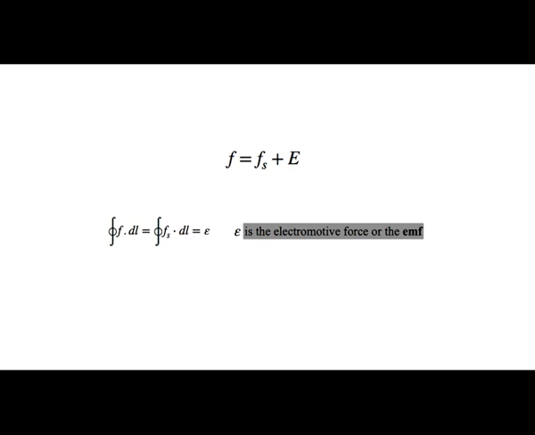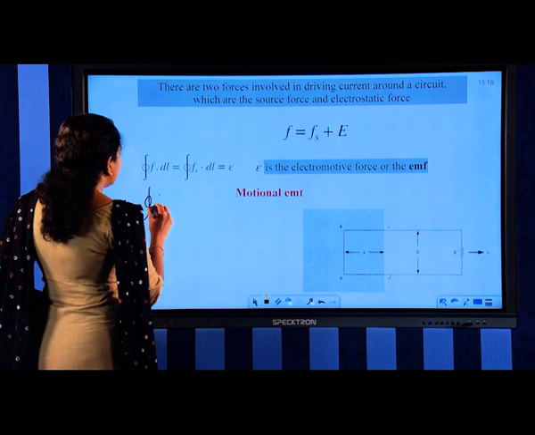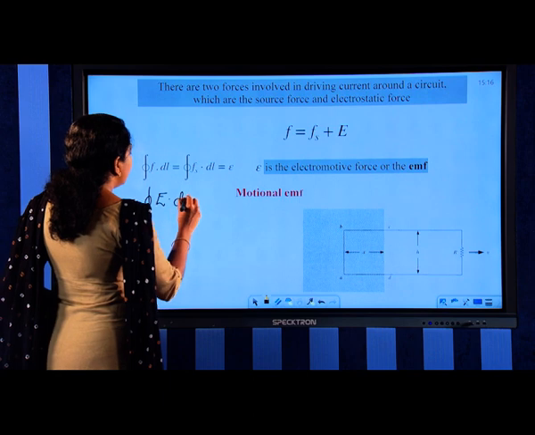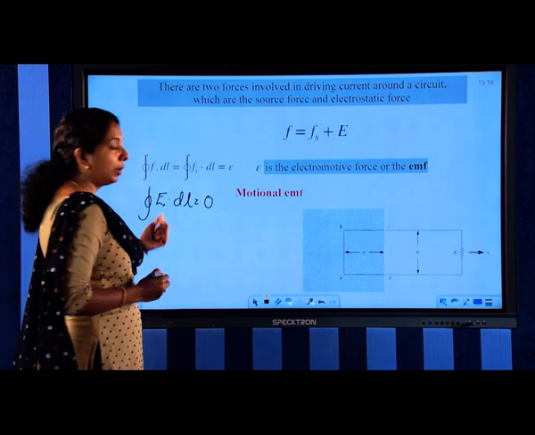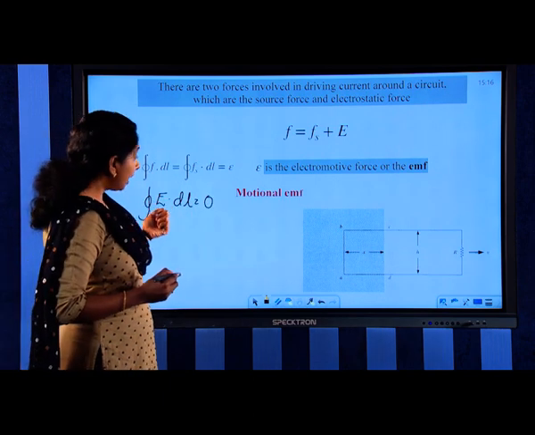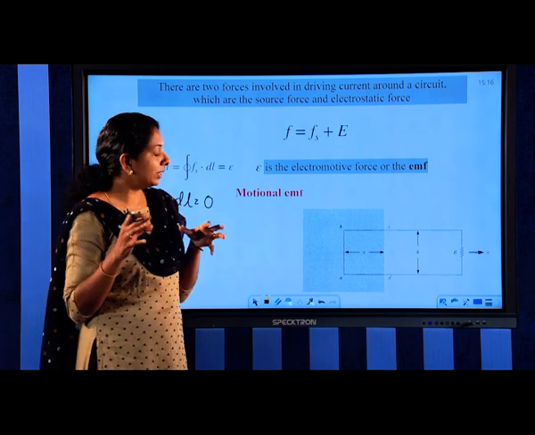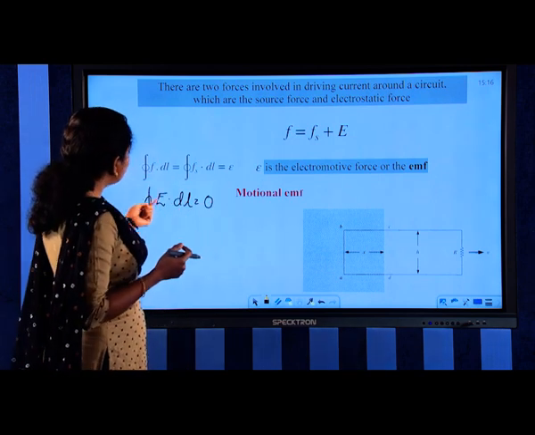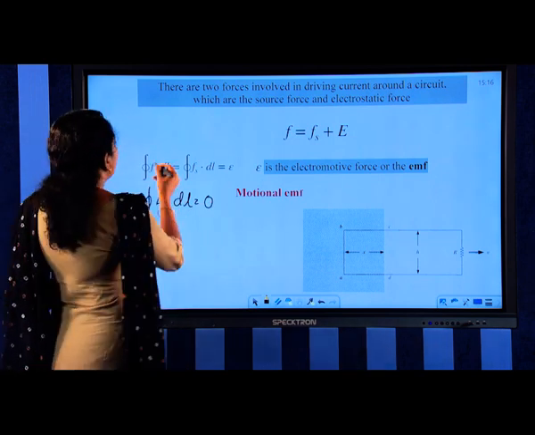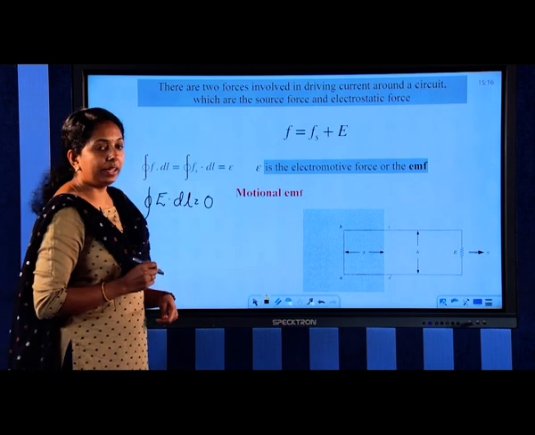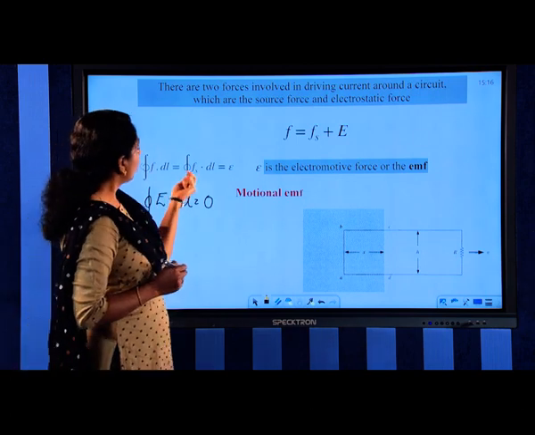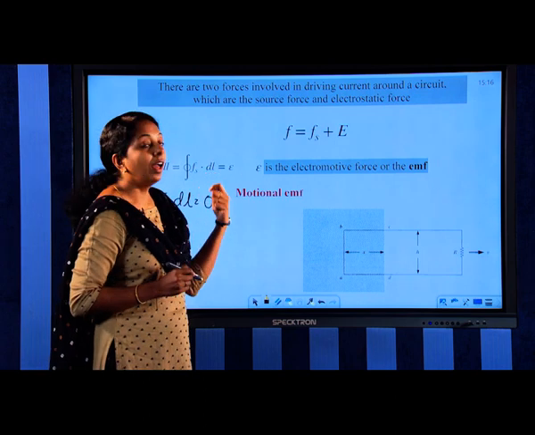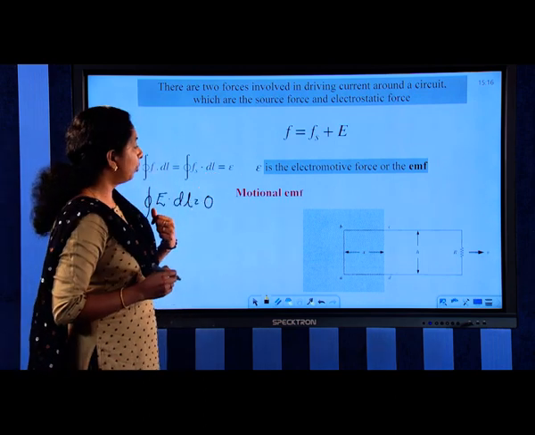But we have seen that the integral over closed loop E dot dl is equal to 0, because E is the electrostatic force due to the accumulated charge. So the integral over closed loop F dot dl is equal to the integral over closed loop Fs dot dl, and it is termed as electromotive force.